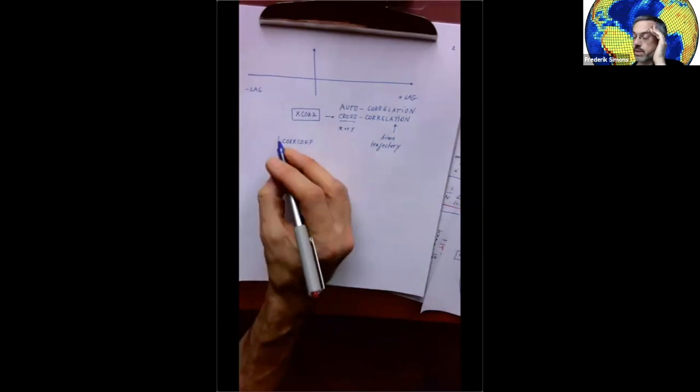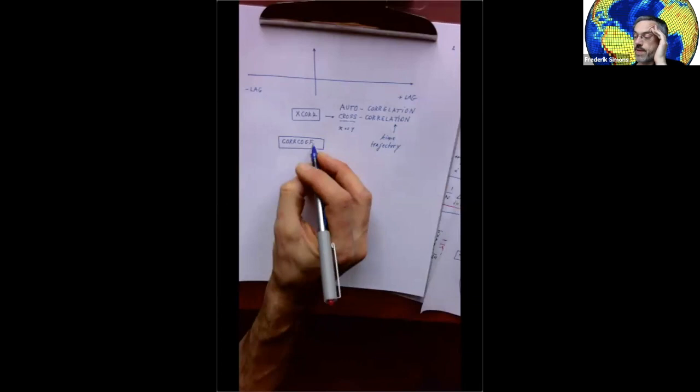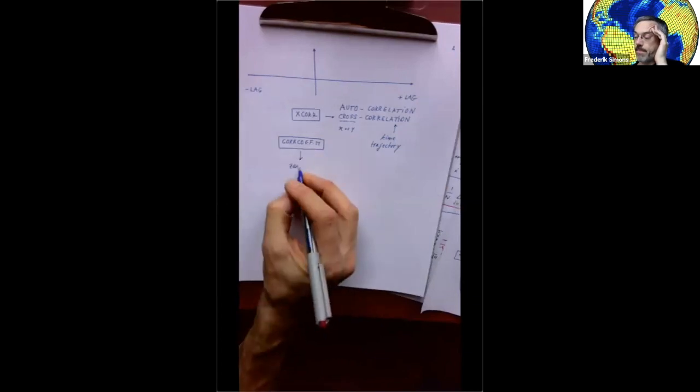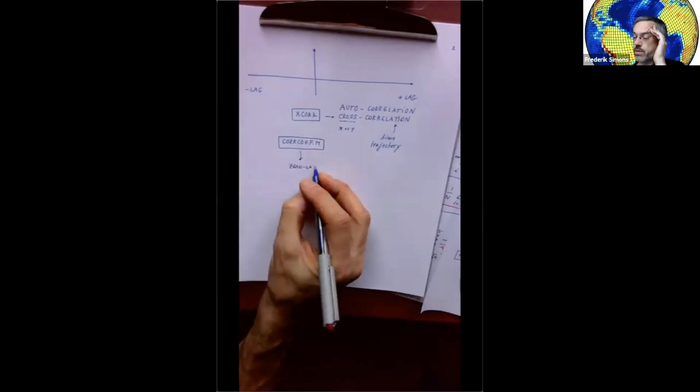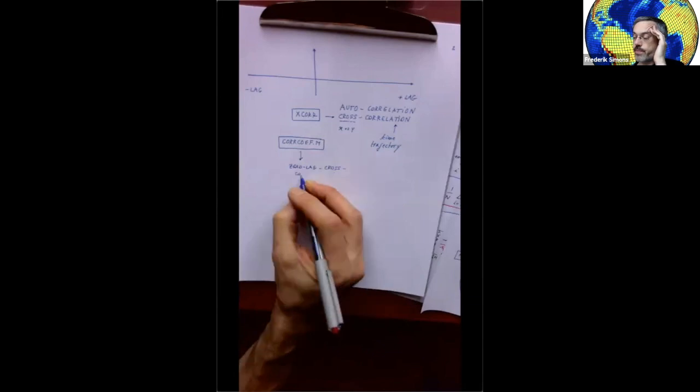Correct me if I'm wrong, I think it's corrcoef, right? That's a MATLAB function, .m. Then technically, that's going to be called a zero lag cross correlation. But those are just words.